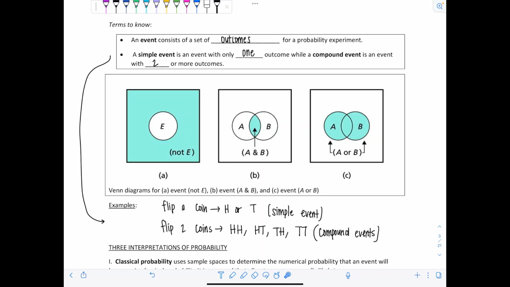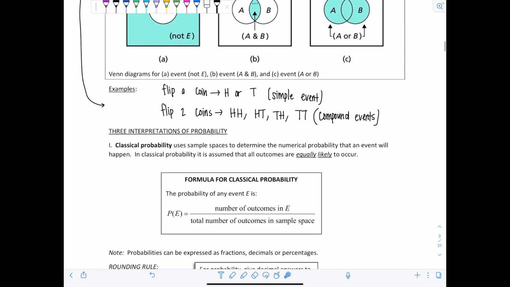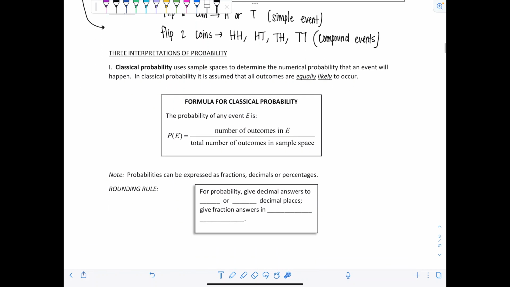So there's different interpretations for probability. We're going to go through 3 of them. First one is classical probability. So classical probability uses sample spaces, which we just found, to determine the numerical probability that an event will happen. And in classical probability, it is assumed that all outcomes are equally likely to occur. That's the big point here.